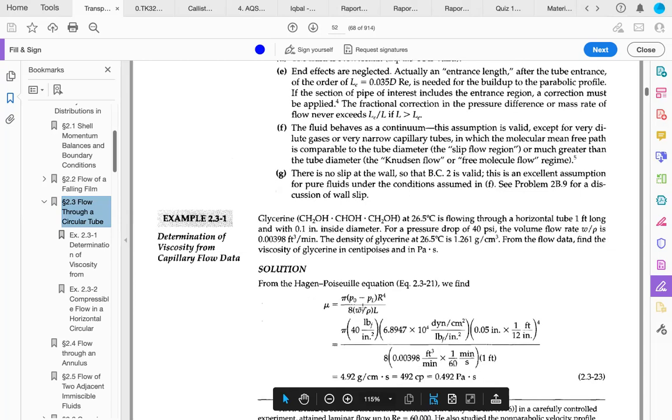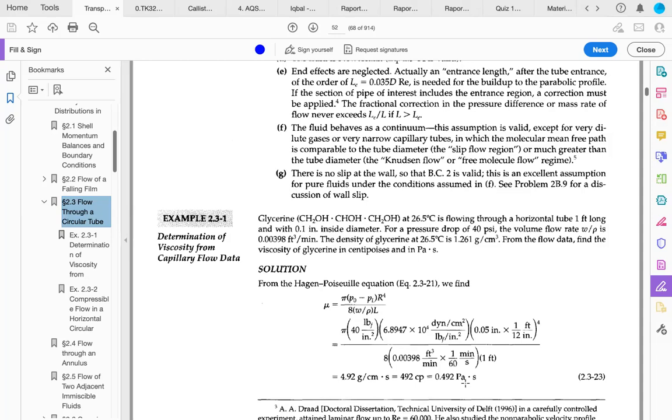Because the flow is laminar, we can rework that with the Hagen-Poiseuille equation. If we know the pressure drop, the radius of the capillary tube, the mass flow that is flowing, and also the length of the viscometer, we can determine the viscosity of the fluid. That is if the flow is laminar and the fluid is Newtonian.